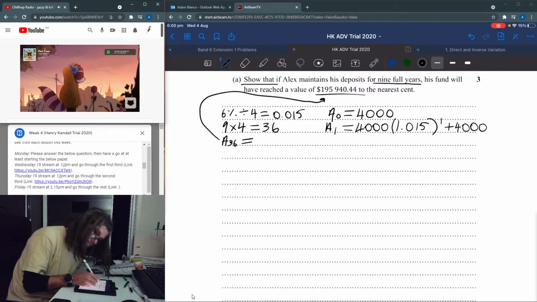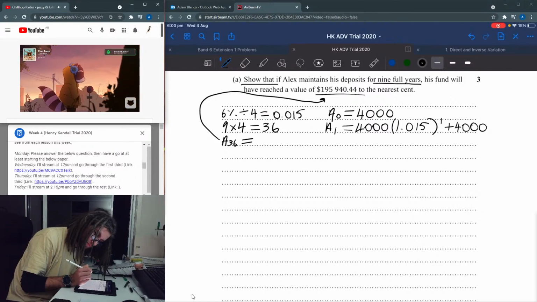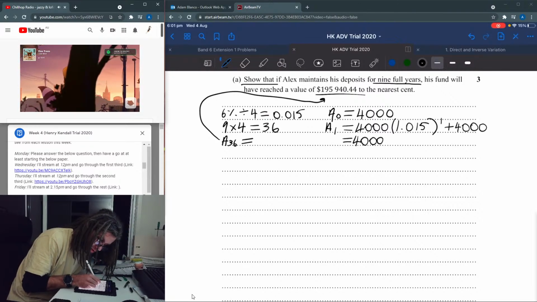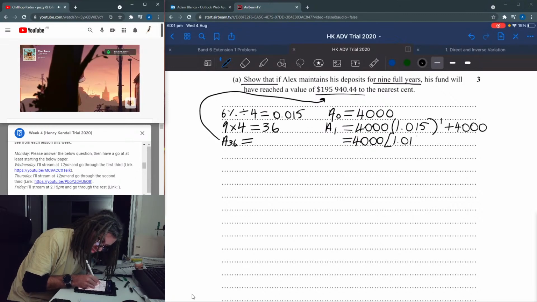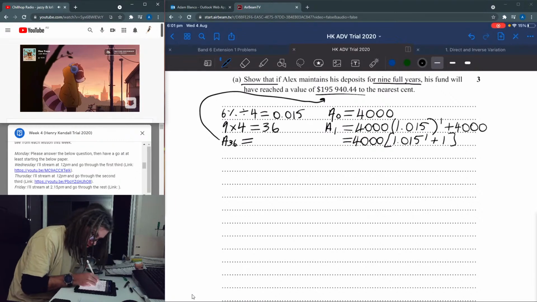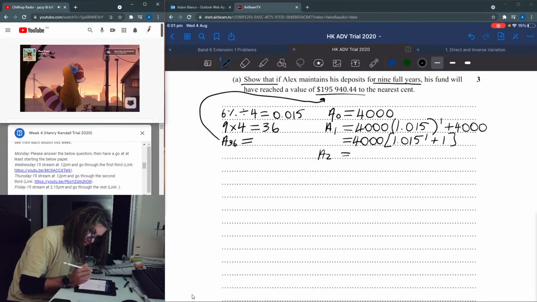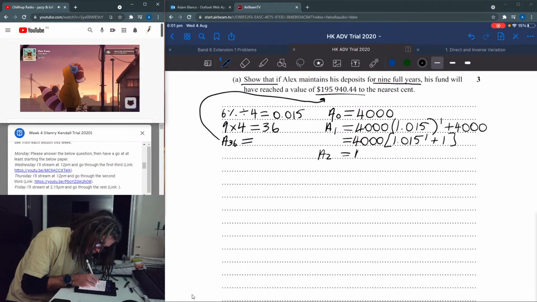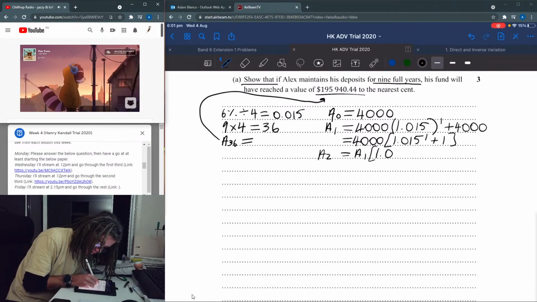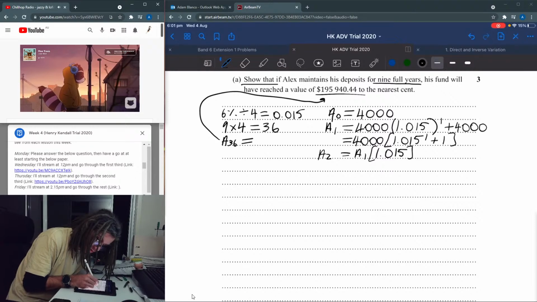Let's factorize the 4,000 out: 4,000 times (1.015 plus 1). Then the second period, he's got A1, that compounds, and then he adds 4,000.